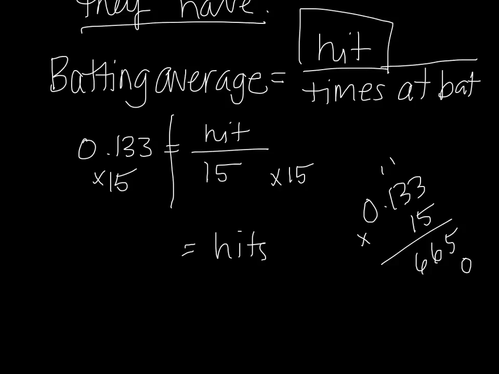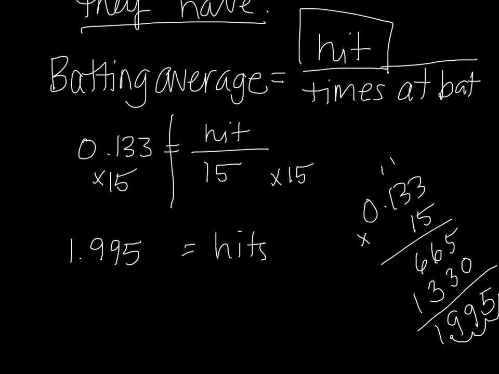Add my 0. 1 times 3 is 3. 1 times 3 is 3. 1 times 1 is 1. Bring it down. 5. 6 plus 3, 9, 9, 1. Then I need to bring it back 3 times. 1, 2, 3.